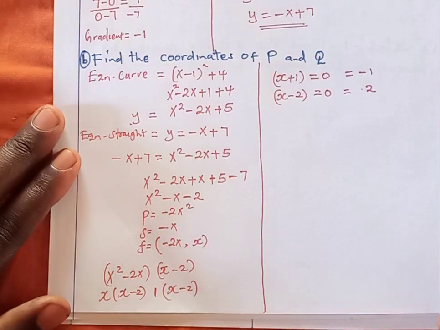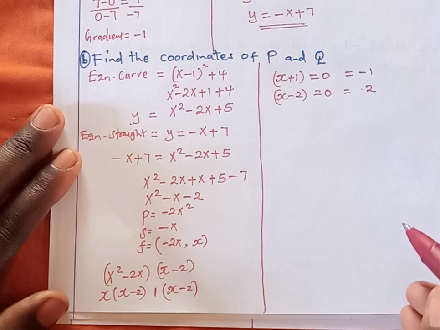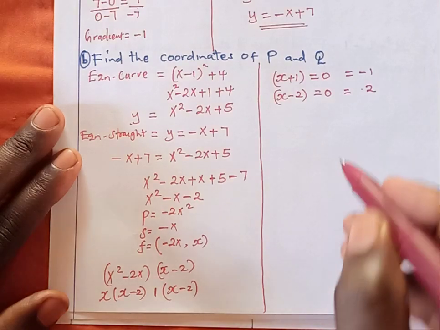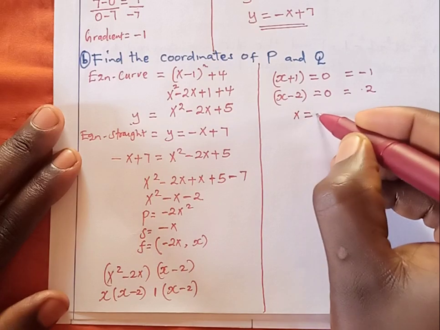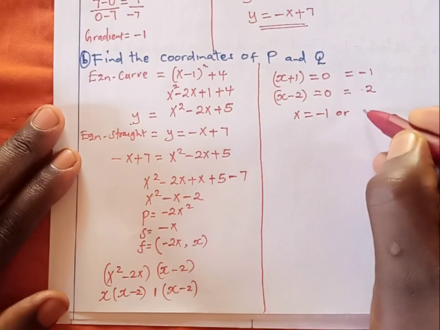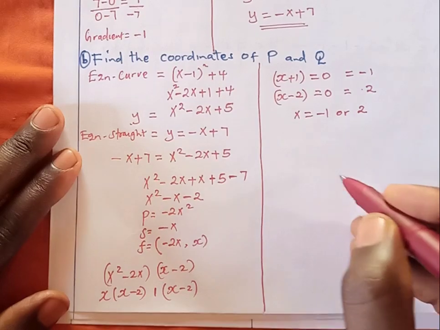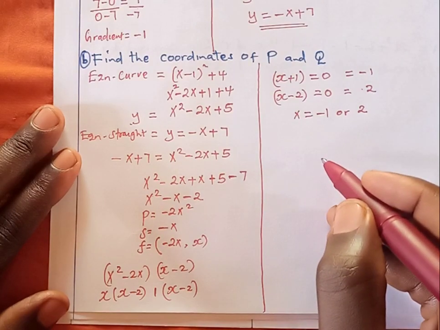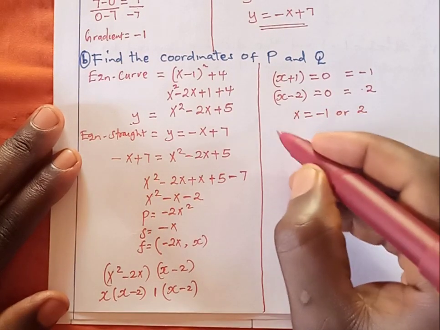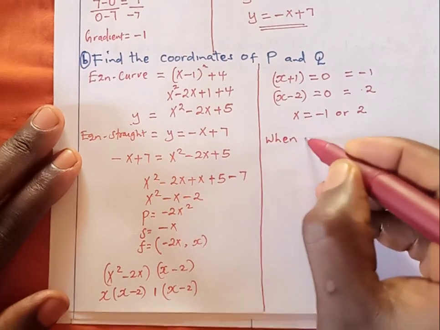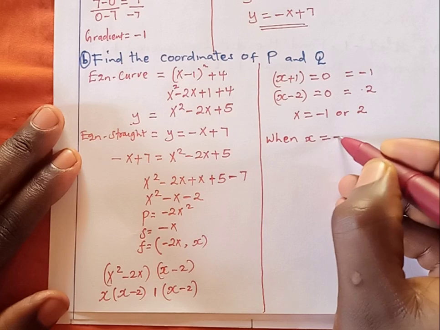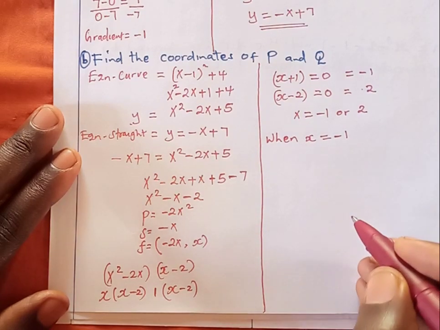Now we have got the x values for p and q. Now we go ahead and say x is equal to negative 1, or x is positive 2. Now let us work out the values for y to complete our coordinates. When x is equal to negative 1, what is the value for y?